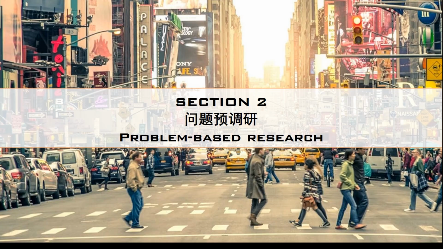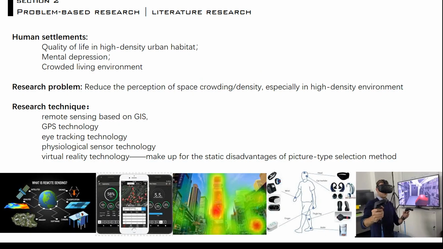Section 2 is a problem-based research that includes literature research and field research. About literature research, we find in recent years the technology of visual analysis tools has developed rapidly.